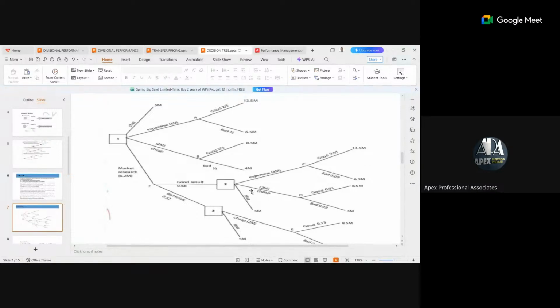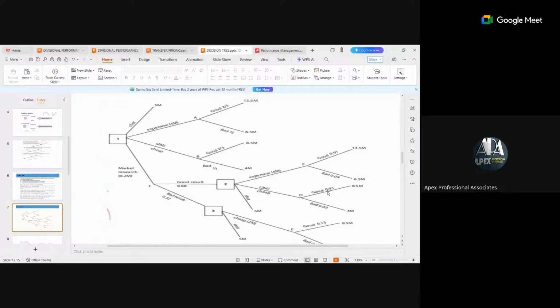So still on good results, you have a decision to make, either to go with a cheaper refurbishment. And when you're going with it, in the question, you will incur a cost of 2 million. So when you go with the cheaper refurbishment, it's either you have a good outcome or a bad outcome.